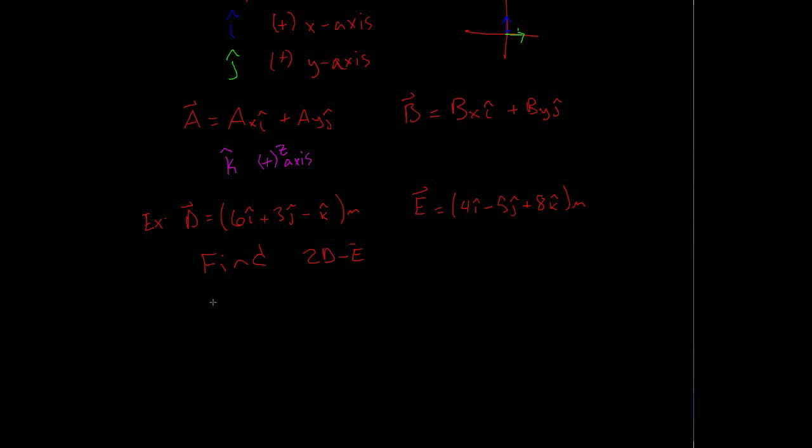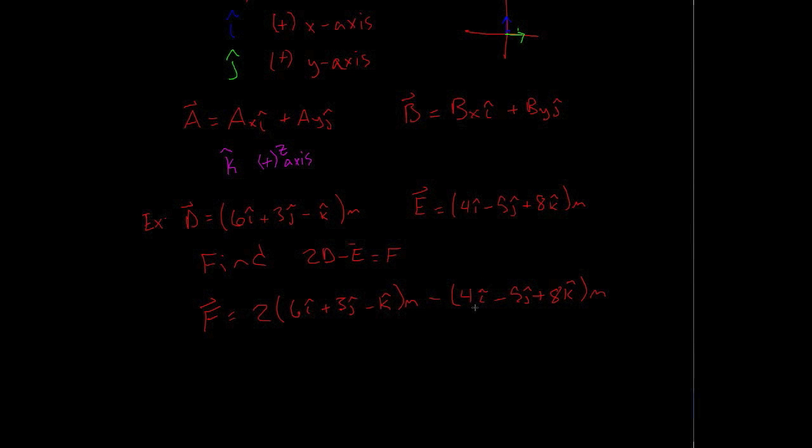Okay, so how we can do that is, let's say that gives us some vector F. So vector F is defined as 2 times our vector D, so 6I plus 3J minus K meters, and then minus 4I minus 5J plus 8K meters. So what we're going to do, distribute the 2, and combine like terms.